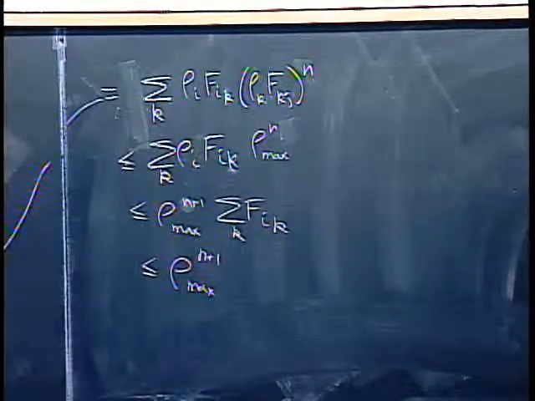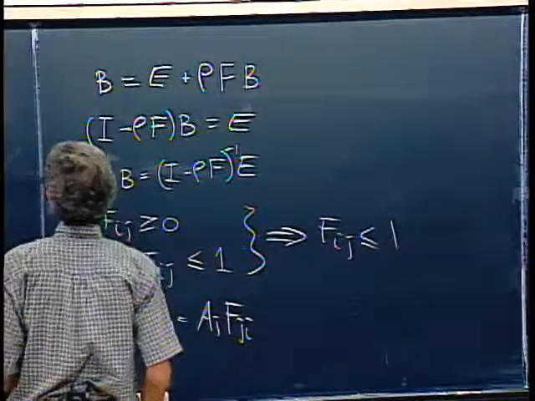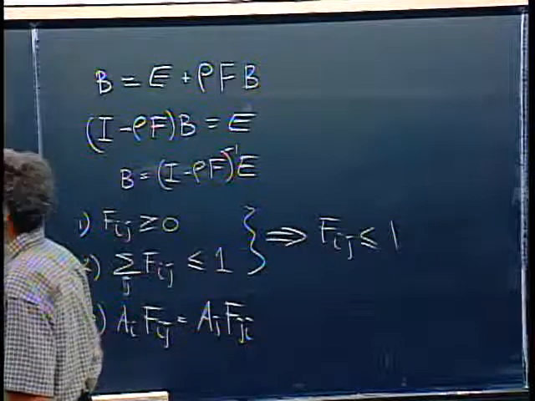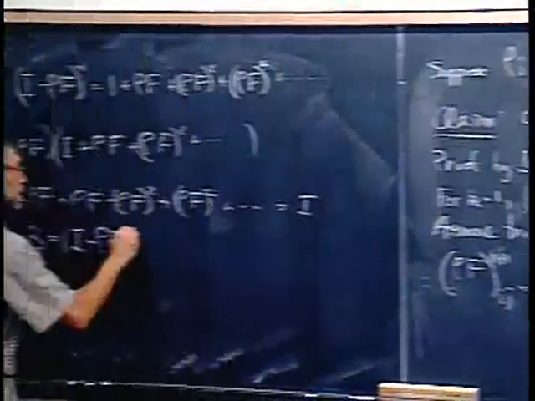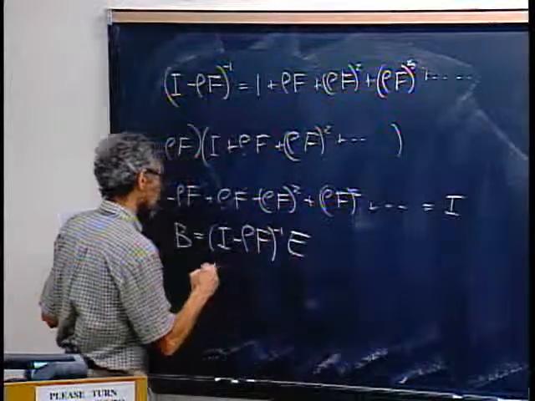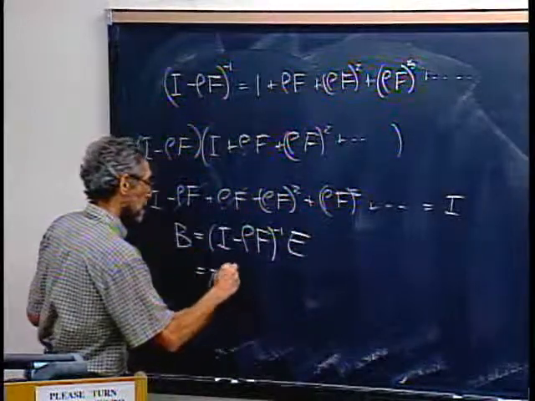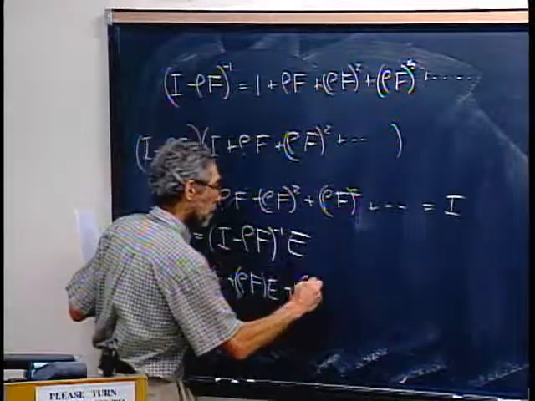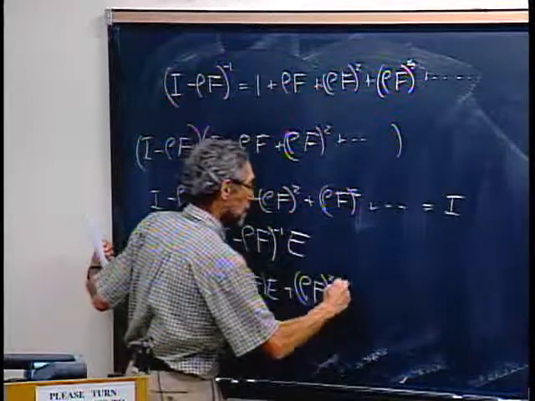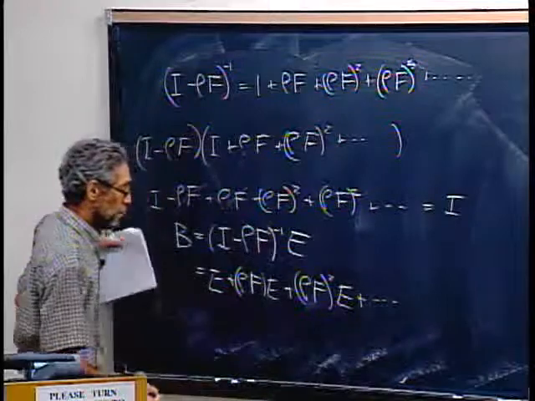So what happens if we actually apply that formula? What that formula is going to say is that the solution, maybe I'll put it over here. I said B equals I minus rho f inverse of E, and that's going to be E plus rho f E plus rho f squared E plus higher order terms.